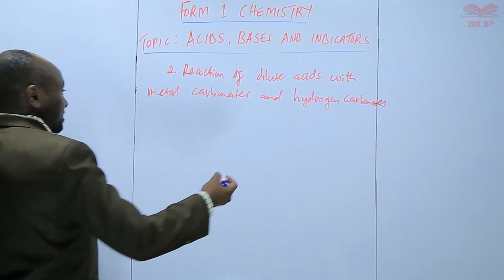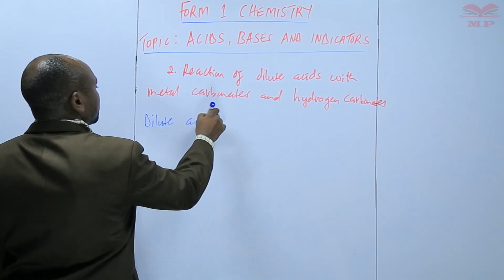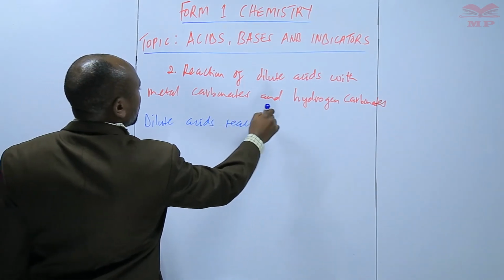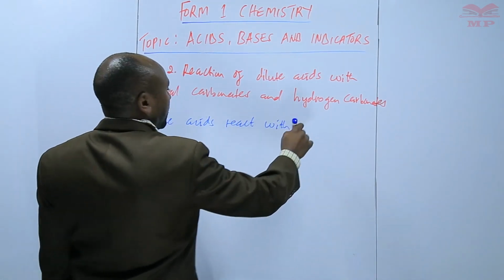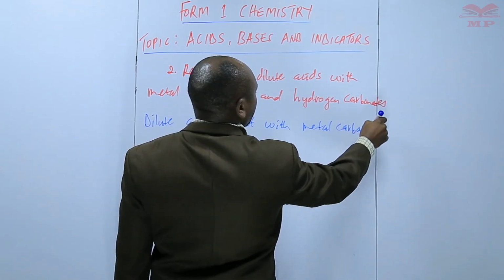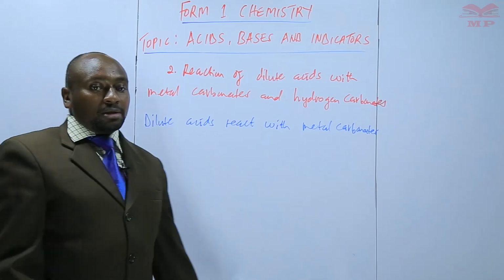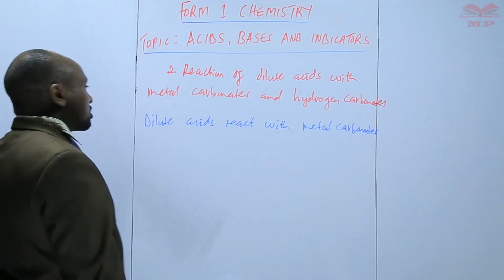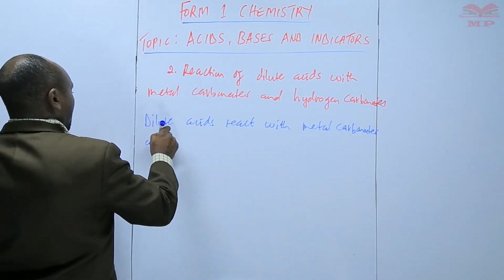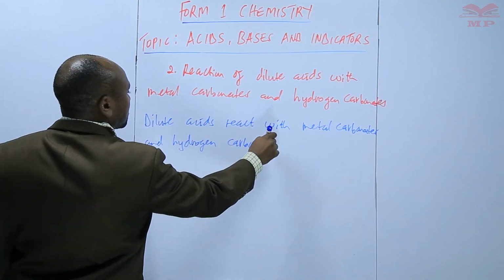And first of all, we can say that dilute acids react with metal carbonates, carbonates such as sodium carbonate, calcium carbonate, zinc carbonate, etc. and hydrogen carbonates.